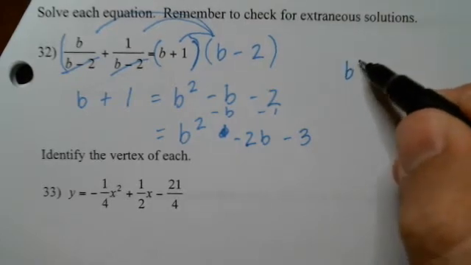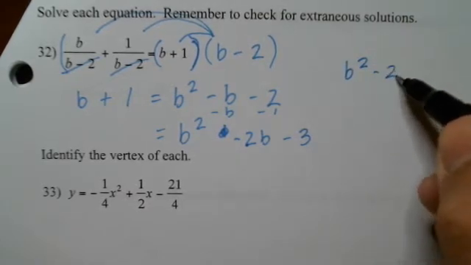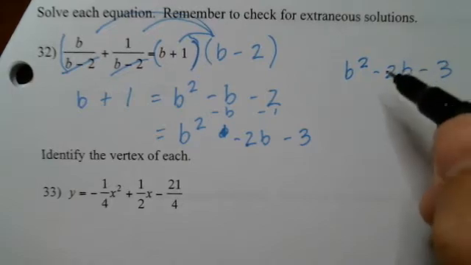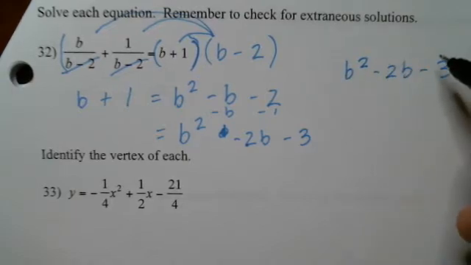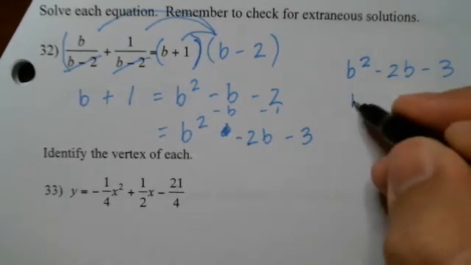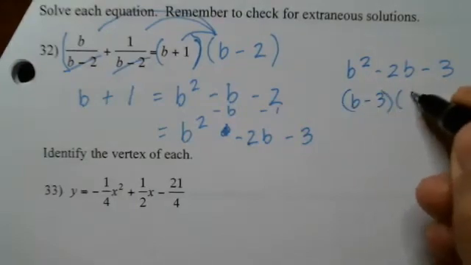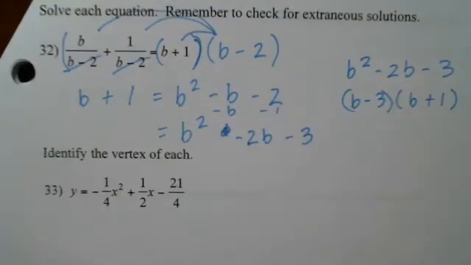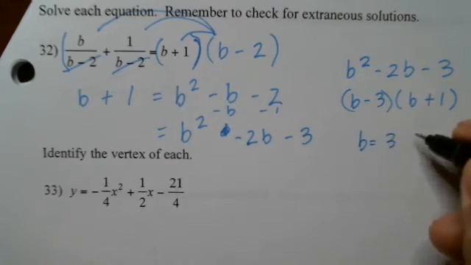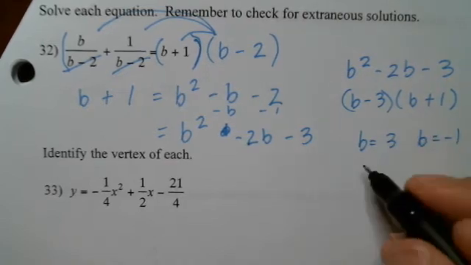So I got b squared minus 2b minus 3. What will multiply to be negative 3 but add to be negative 2? Negative 3 and 1. B minus 3, b plus 1. So b is then equal to 3 and negative 1.